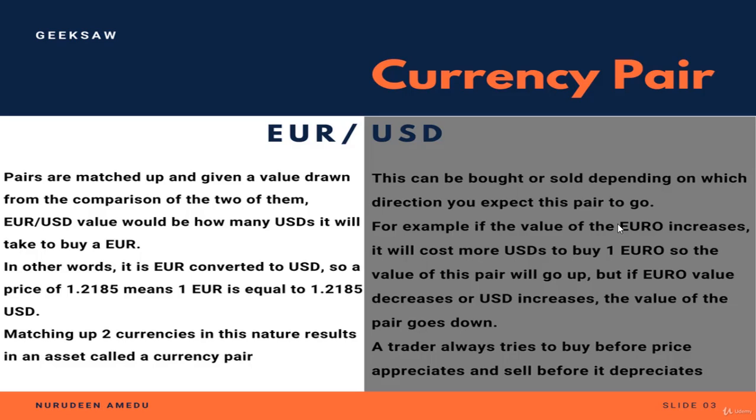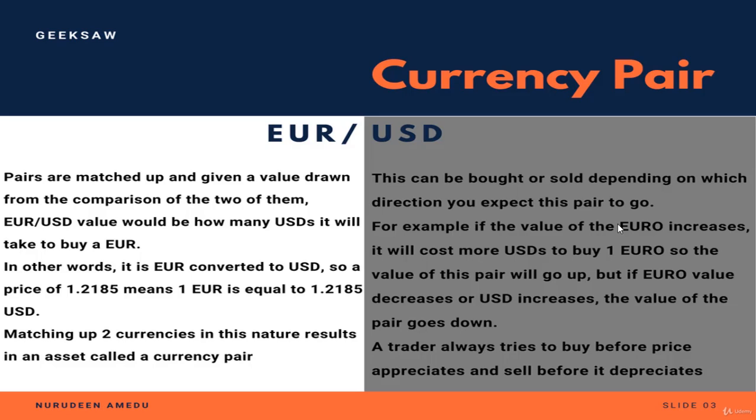And then you watch the news for America and the unemployment rate has increased and a lot of problems the US economy is facing, and then you say, oh, the USD is about to go down. So in this case you will buy the Euro USD, because when the value of the euro increases and the value of the USD decreases or remains the same, their mutual price will go up.